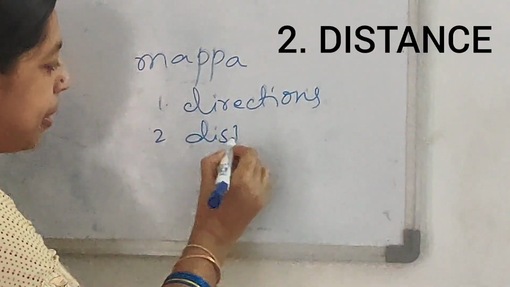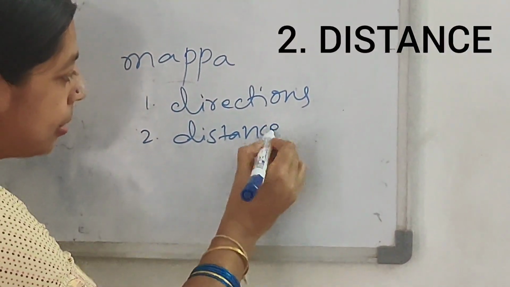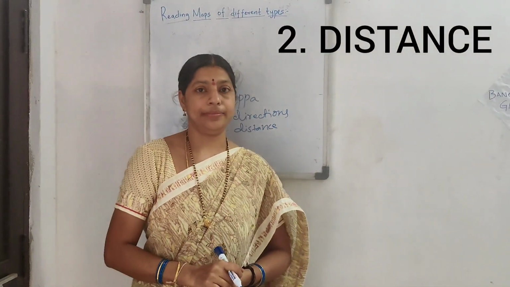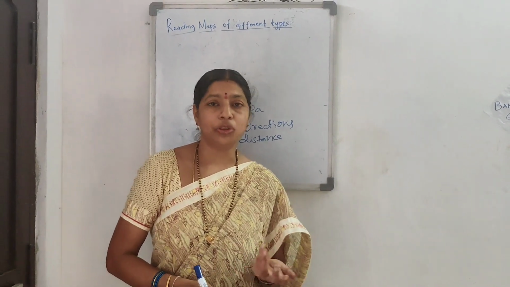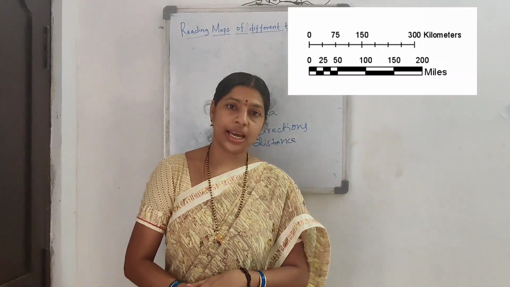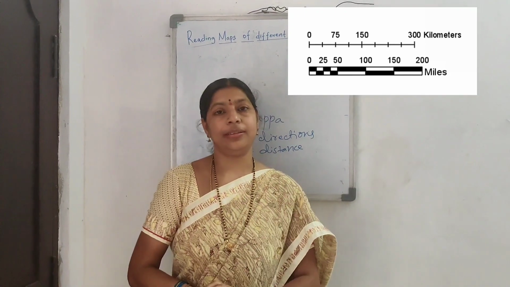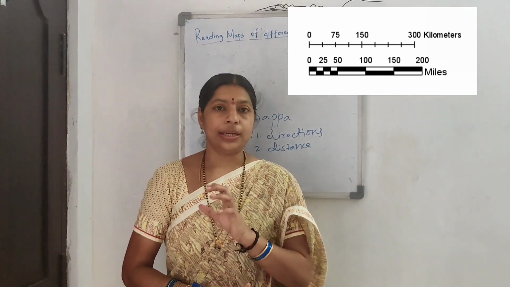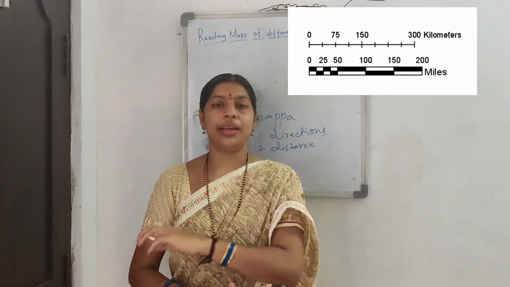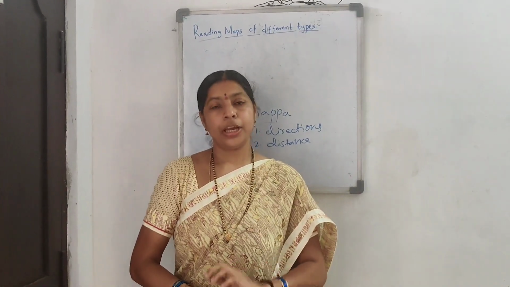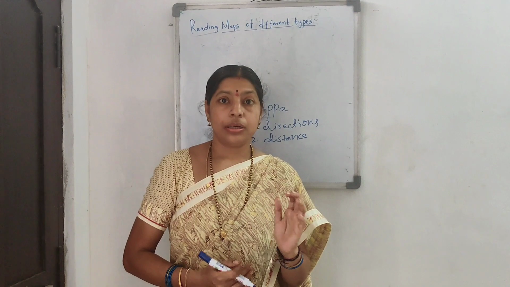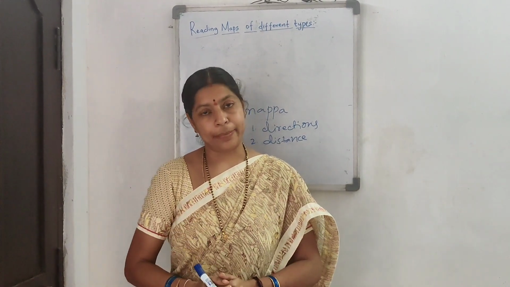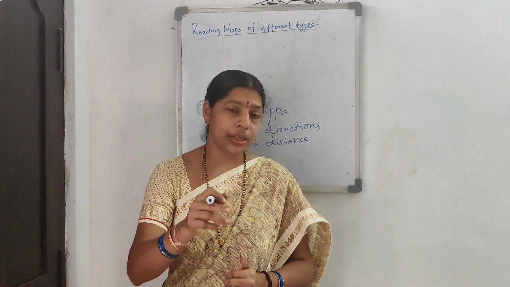Another one is distance. We measure distance in terms of scale. Children, what is a scale? Scale is a ratio between the actual distance on the ground and the distance shown on a map. If you want to draw 10 kilometers on a map, can you draw the 10 kilometers?